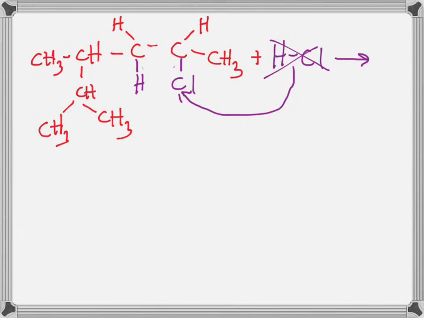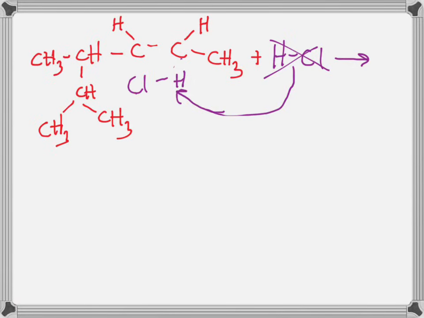Now, it doesn't matter which way I put the hydrogen and the chloride on. I could have done it the way I did it here, or let me erase a few things here. And let's say instead of attacking like this, I put the hydrogen here and the chloride over here.